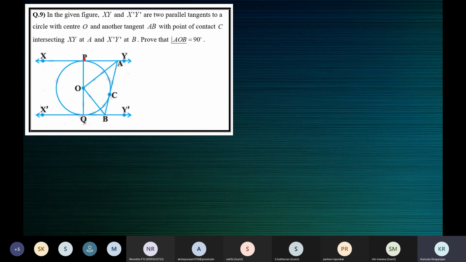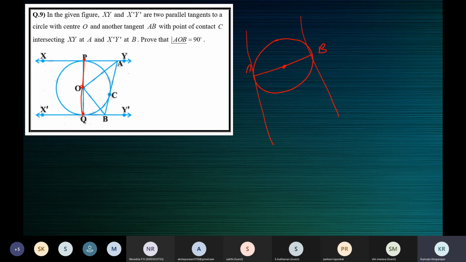When you join P to Q, the points of contact, it will pass through O and PQ will be the diameter to the circle. Conversely, take a circle, and suppose I say that AB is the diameter. Then the tangent through A and the tangent through B will be parallel to each other.